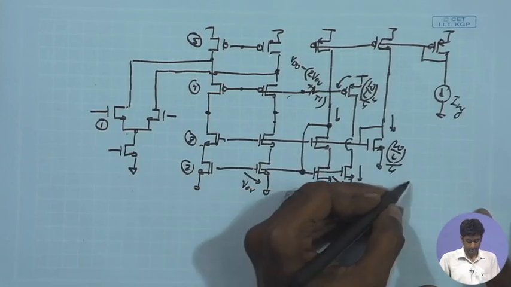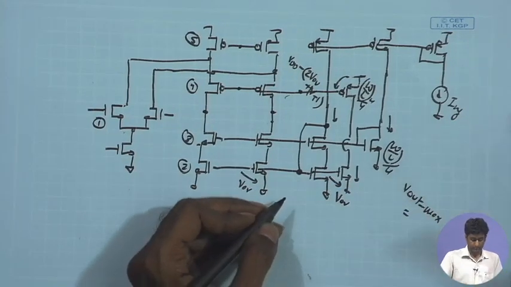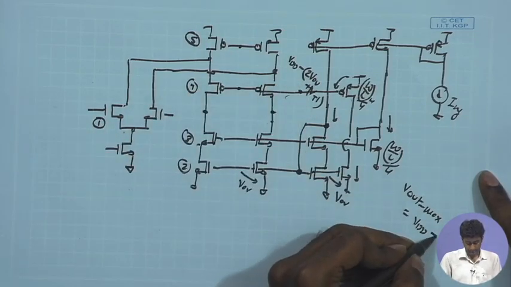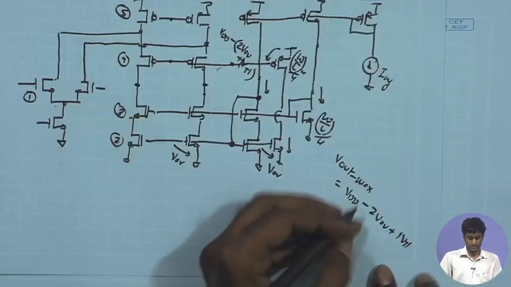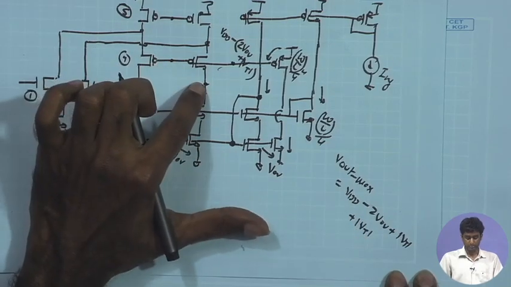Therefore, the V out max under this scheme once again is close to the maximum value that I would like to have, which is VDD minus 2 V overdrive plus 2 mod Vt, because you have this number plus another mod Vt. So, gate voltage plus mod Vt is the maximum allowed value.